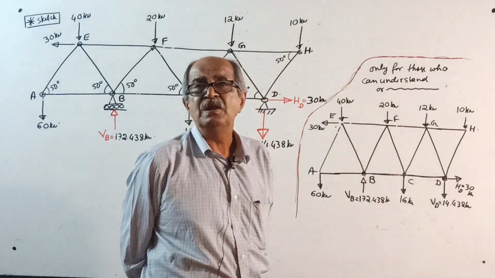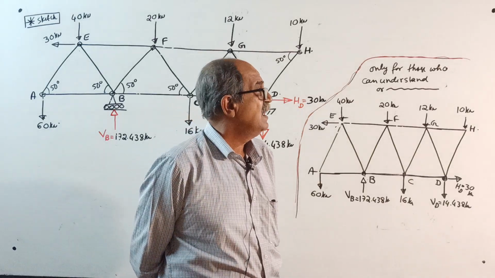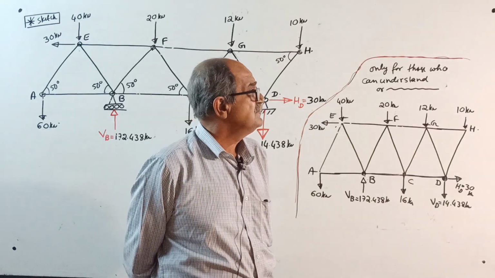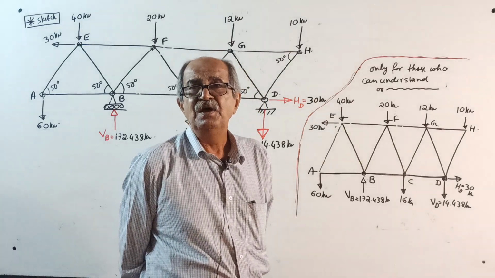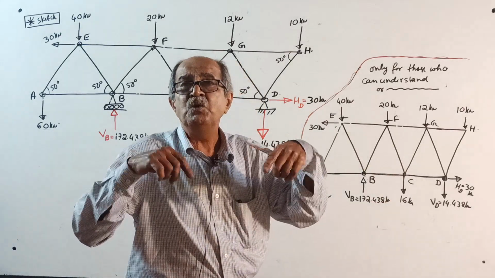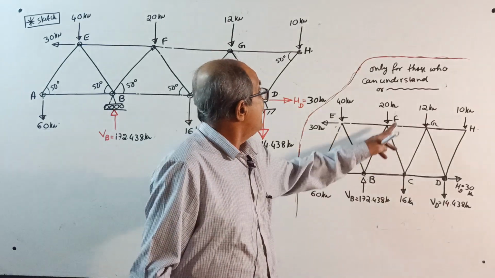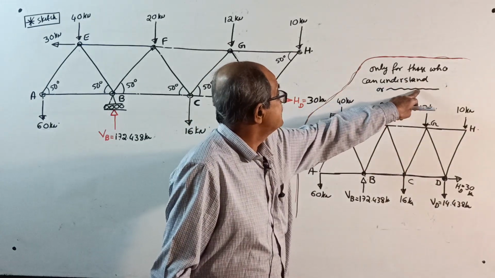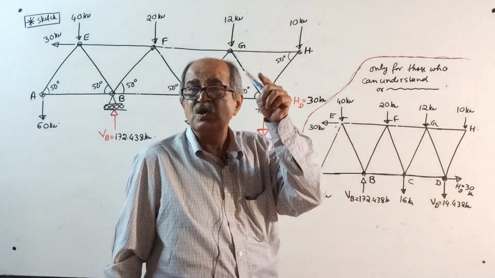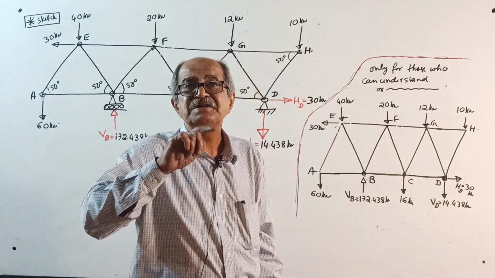But there are people who understand much better, and also maybe some person who knows the subject very well. For him, improvisation. And only for those who can understand, or for those who want to understand later.